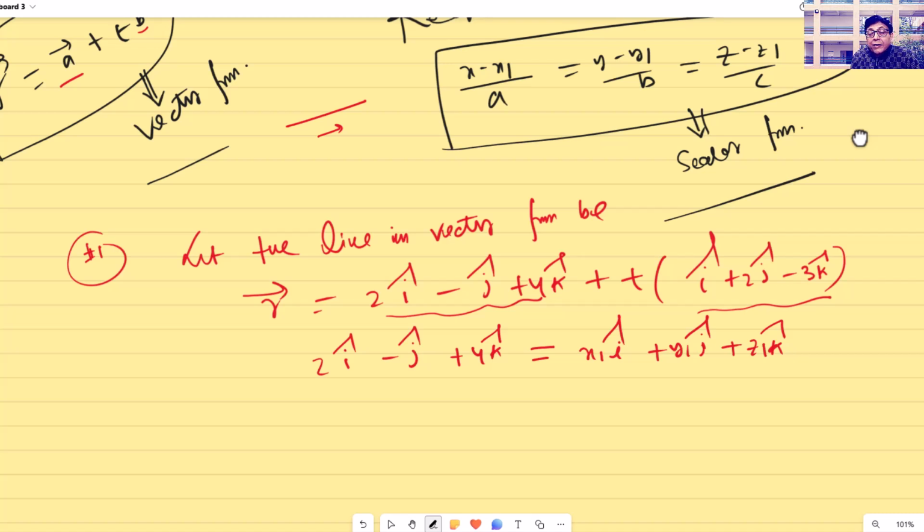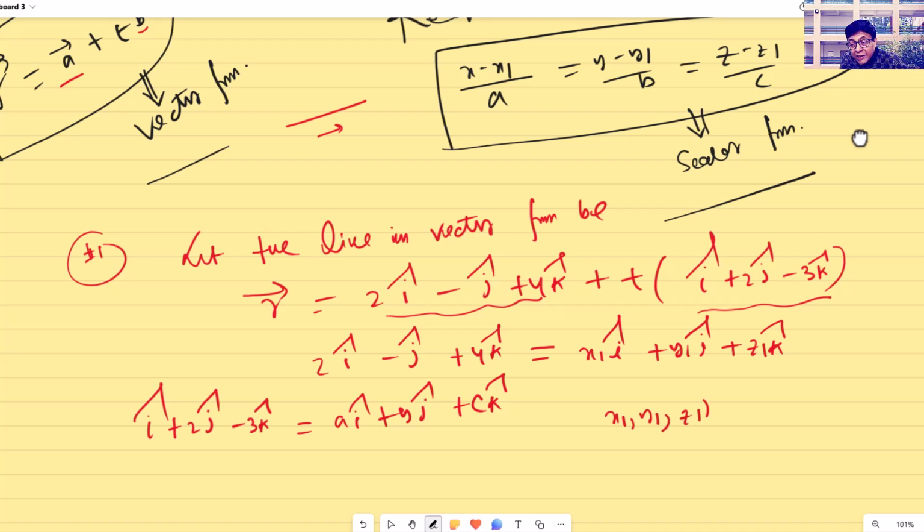So that vector ai plus bj plus ck will be compared with i plus 2j minus 3k. So what is x1, y1, z1 over there in vector form? That is actually 2, minus 1, 4, written in the form of vector only. And what is a, b, c over there? The direction ratios a, b, c, these three or the triplet a, b, c can be compared with 1, 2, minus 3.